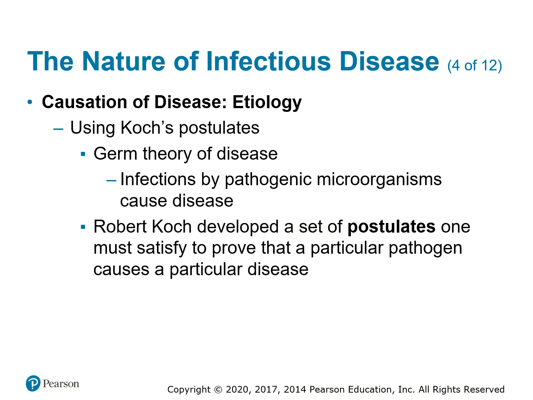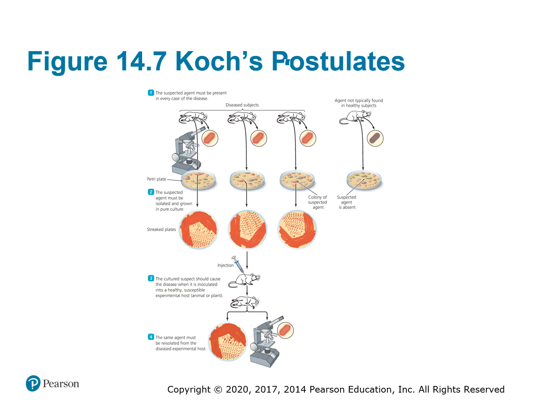Robert Koch was the one who developed a set of postulates that we use to prove that a particular pathogen causes a particular disease. So how does Koch's postulates work? So basically how you start out with, you have some agent that you think is making an individual sick, and you're able to get that out of whatever is sick. And that's what they're showing you there.